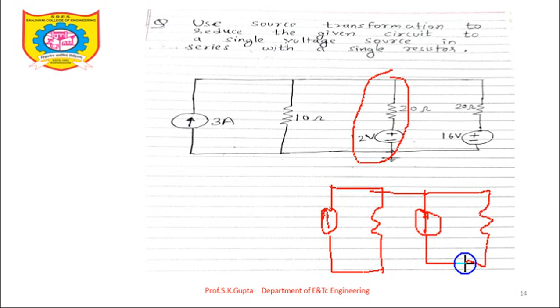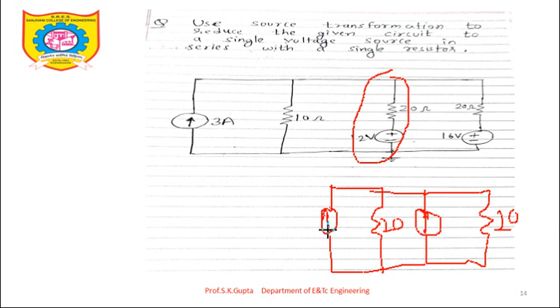Resistance value is the same. So here the value of resistance is 20, so here also we will have 20. And here the resistance value is 20, so here also we will have 20 ohm. So this way each voltage source in series with a resistor is replaced by a current source in parallel with a resistor.